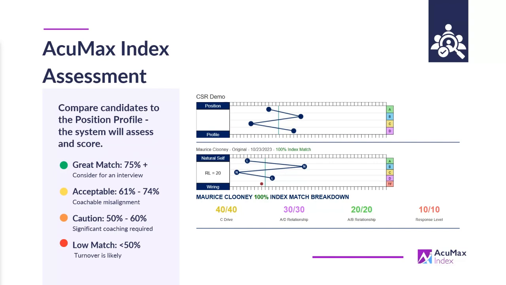We don't have to do anything drastic with them because they're doing the majority of the job okay. But we also want somebody, based on this new position profile, that's at a 100% match, where if the job itself is conducive to the natural wiring of the profile, that's going to require less external motivation. The job itself becomes the motivator for the person, in this case Maurice Clooney, that's in the job.